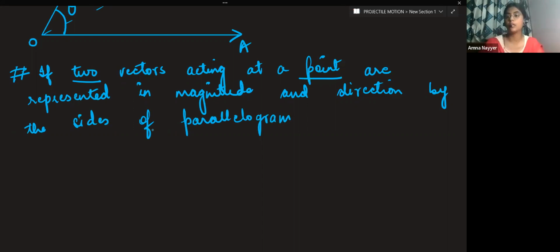This is also one of the conditions, drawn from the same origin.